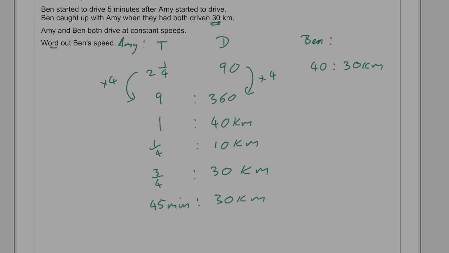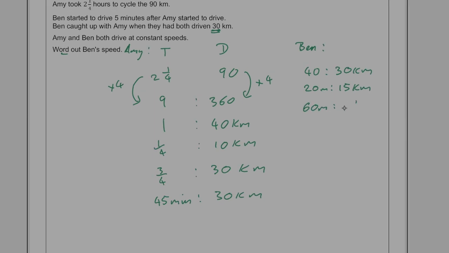So I want to build that up to 60. In 20 minutes he would have travelled 15 kilometres. So in 60 minutes he would have travelled 45 kilometres. So Ben's speed is 45 kilometres per hour.